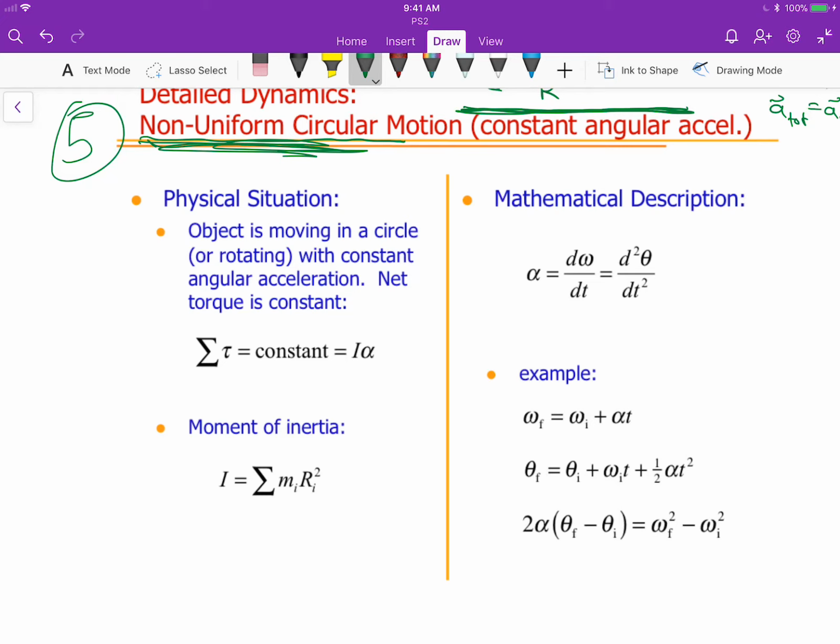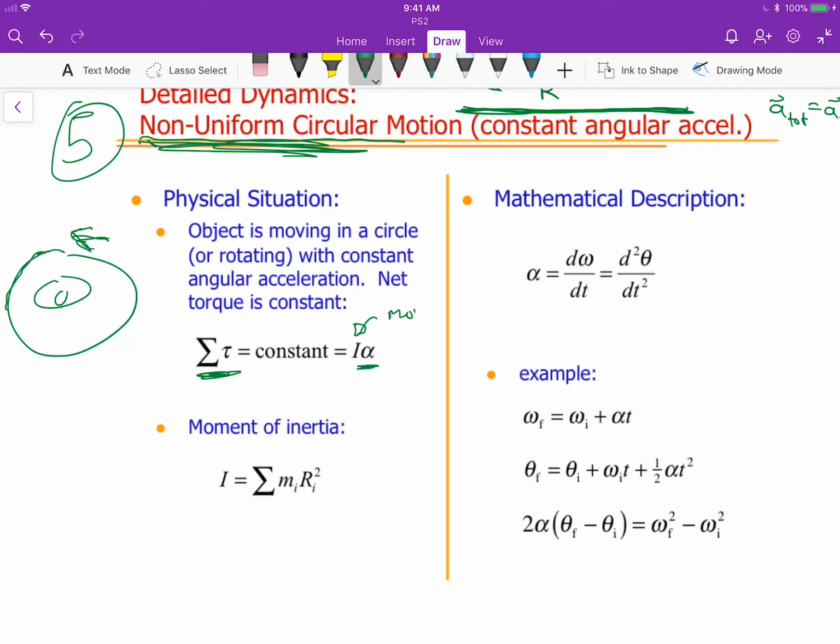The situation I would think about here is maybe something like a CD that's spinning in a circle, starting at rest, and then the CD spins around and has some angular acceleration. You can figure out the angular acceleration from the torque if you're given the moment of inertia, right?